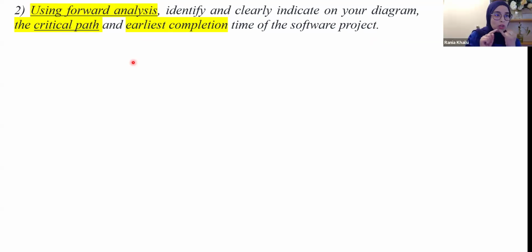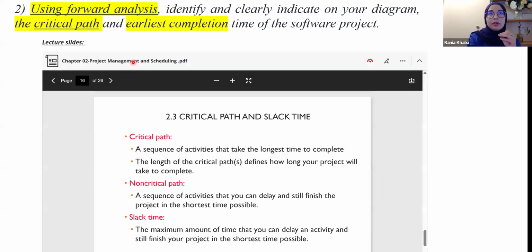So if you don't know what forward analysis means, or if you don't understand what a critical path is, or you probably forgot what earliest completion time means, you're probably going to make a mistake. So all this has been detailed in our recordings. You can find that in the slides.